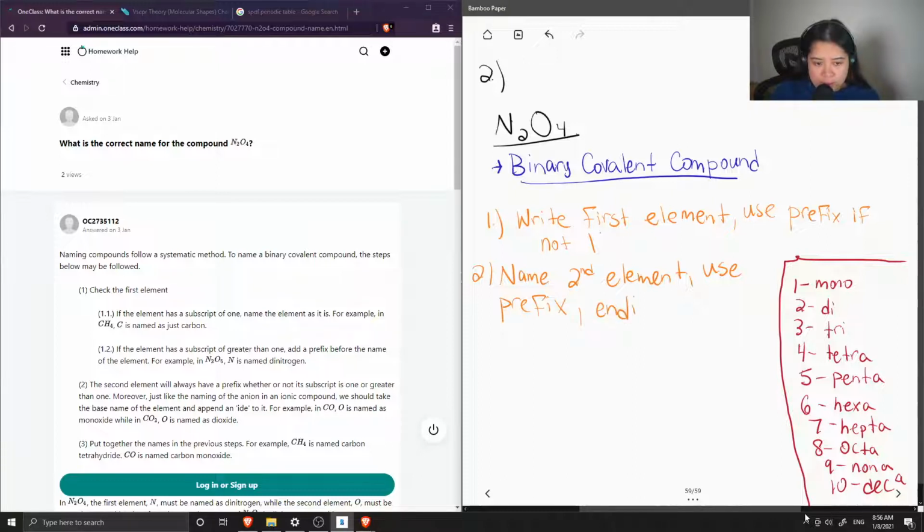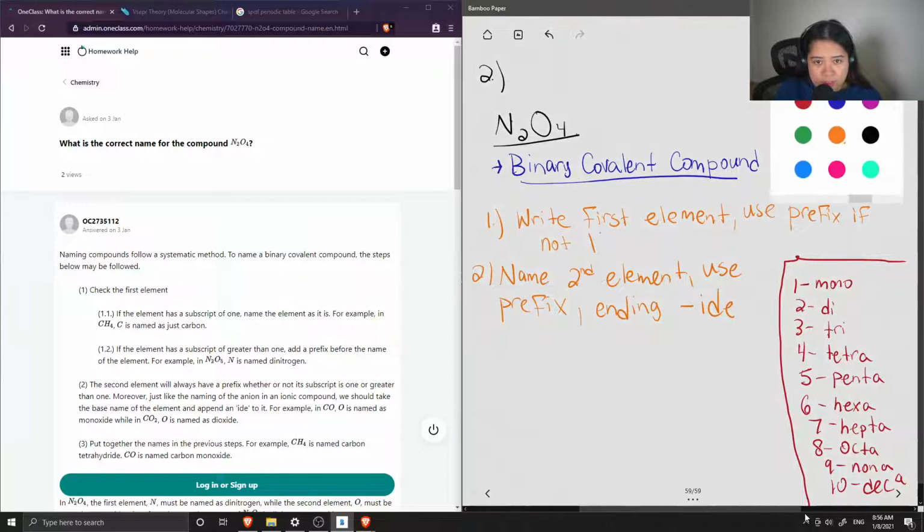And you would change your ending to end in "ide." So sometimes you kind of have to tweak your element name in order to end it in "ide." So for example, with oxygen, it wouldn't end in like oxygen-ide, it ends in like oxide.